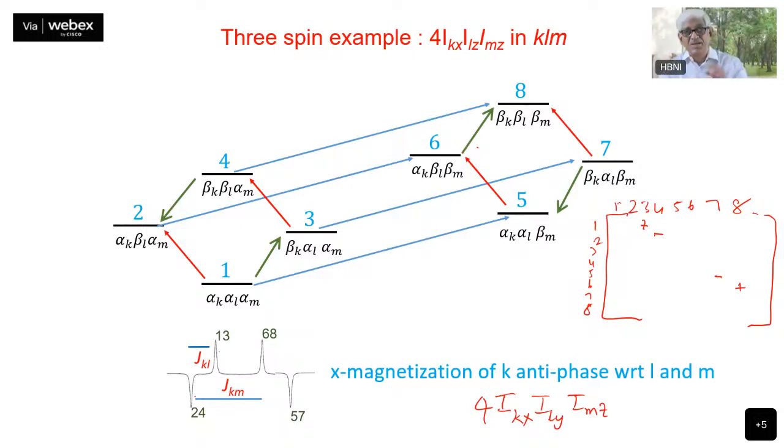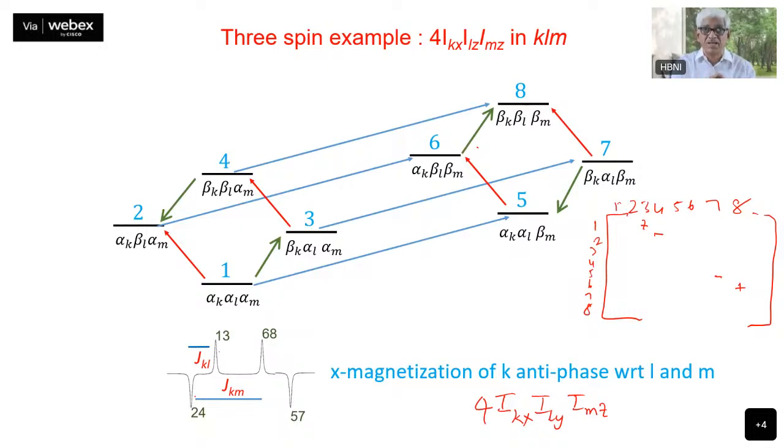That was telling me of a double quantum plus 0 quantum coherence. Now that one is split into 2 because of coupling to the M, and this will appear antiphase. These two components will have opposite signs. So the double quantum and 0 quantum coherences are split with respect to the MZ, and they will have opposite signs.